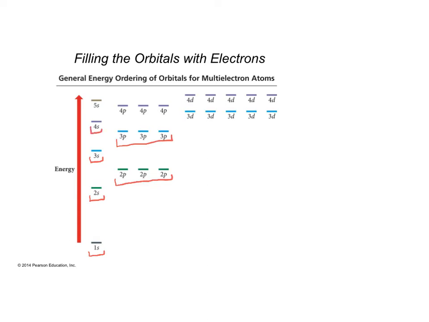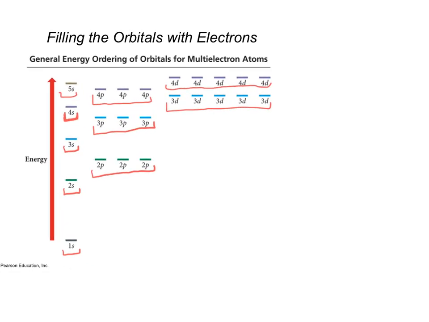You would think it would be the 3d's, but again, as we increase the principal quantum number, the distance between these levels gets smaller. So energetically, the 4s is at a lower energy state than the 3d, then the 4p, and then 5s and 4d. Okay, and we're going to start to write these electron configurations in a second. Hopefully that'll make more sense.